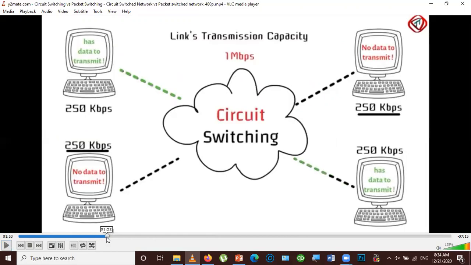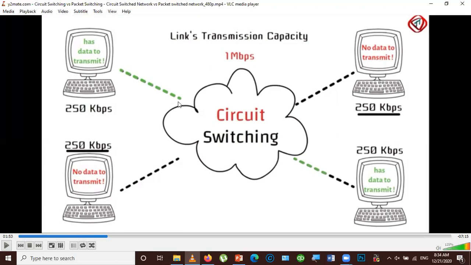You can see that if two computers are connected with each other and are sending and receiving data, then these two computers use only 250 kilobits per second each, because the other two computers are not sending data, but the dedication of the bandwidth is already there.